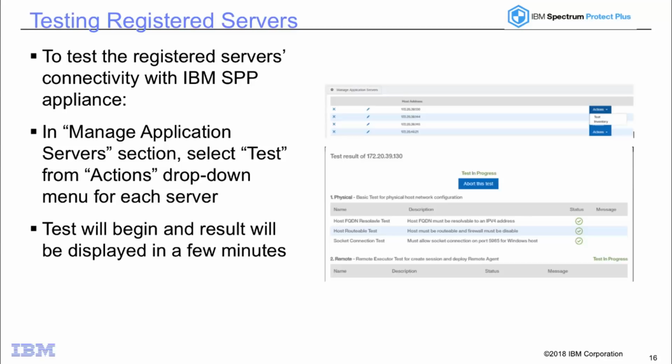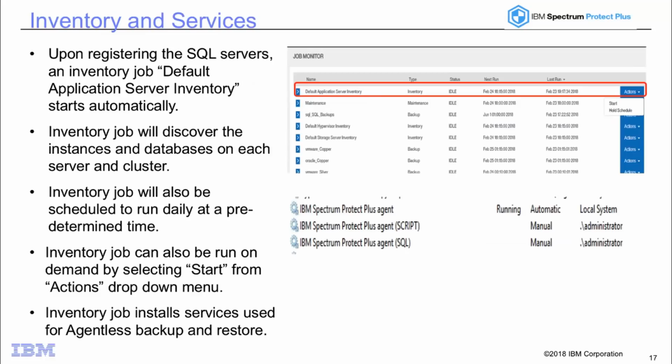So when you have a SQL Server set up, Oracle, or just a virtual machine, and you want to make sure that all the connectivity is working and all the security is working, you can click on that test selection in the actions menu, and it will go out there and run a sequence of tests to make sure that all the connectivity is working with that virtual machine or that instance. So it's a very good thing to do to make sure that you can connect before the actual job is run, and you can solve any problems that may come up with security or connectivity issues.